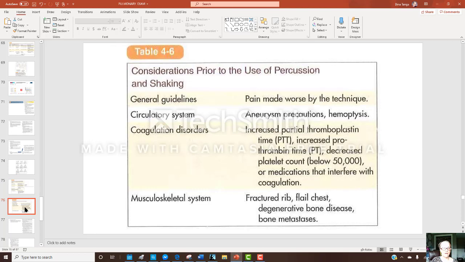6. Considerations prior to the use of percussion and shaking. General guidelines: pain made worse by the technique.